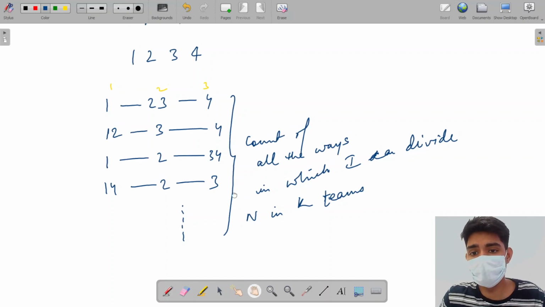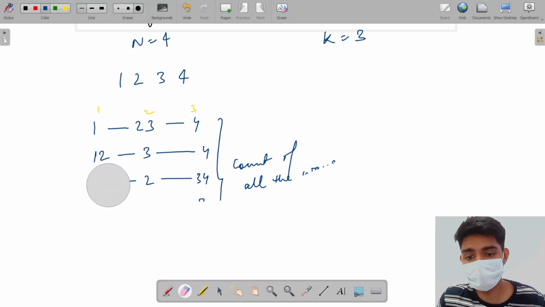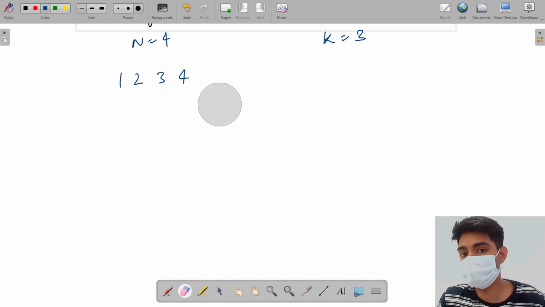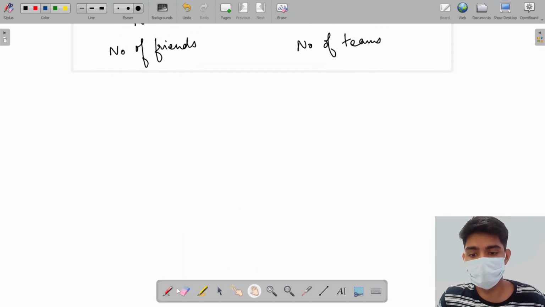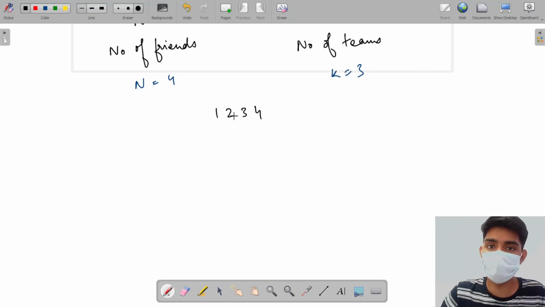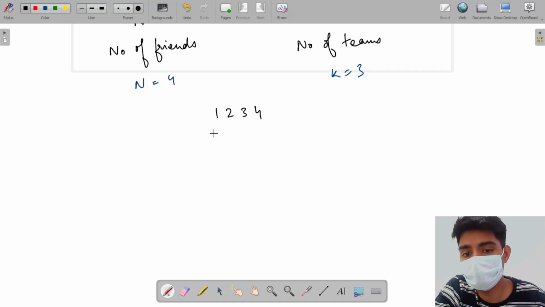So let's see how we are going to solve this. What is going to be my approach for this question and how we are going to use dynamic programming? Let's take the example of n is 4 and k is 3. For n is 4, I have 1, 2, 3, and 4, these are my 4 friends, and I have to divide them in 3 teams.